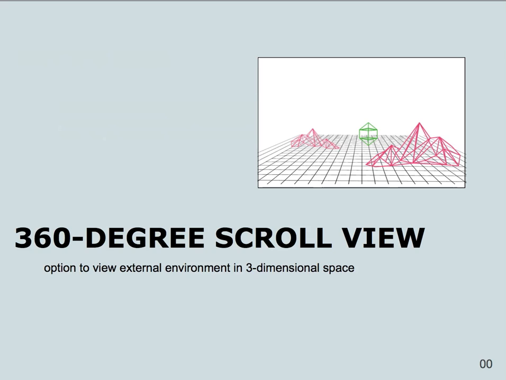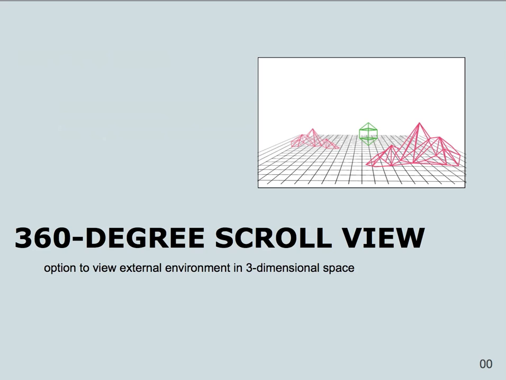A really unique aspect of our design, actually, which I haven't gone into yet, is the 360-degree scroll view, which has an option to view the external environment in three-dimensional space. This is really important in weather, when you're flying over clouds, through storms, because it allows the pilots to manipulate the view of the airplane.